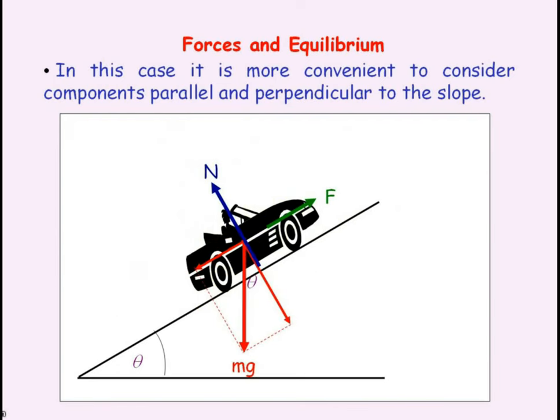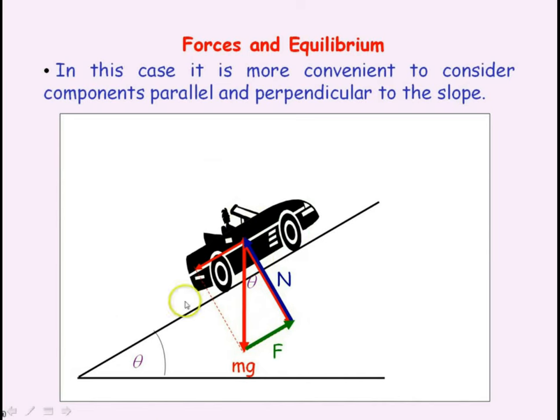We can also show that the overall force is 0 by drawing a triangle of forces. I replace the perpendicular component with N and the parallel component of weight with F. We're adding our weight, then force F, and then force N, forming a closed triangle.